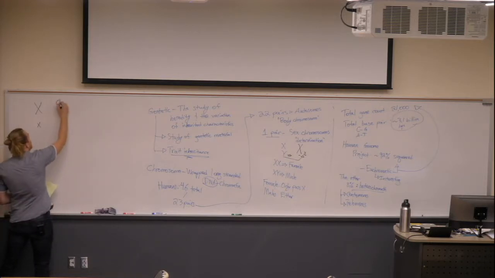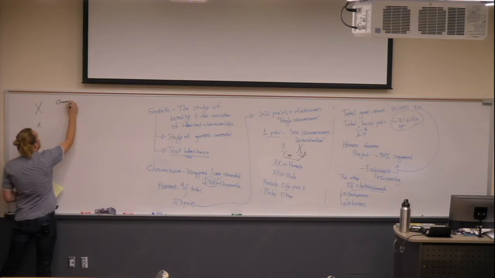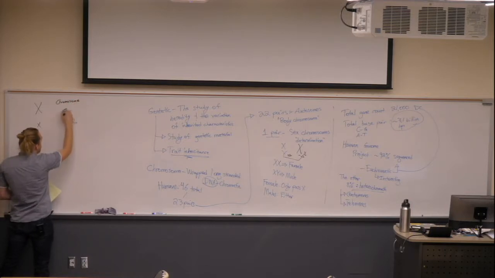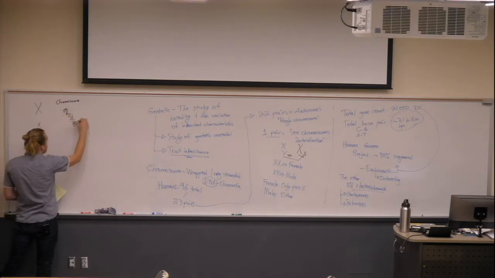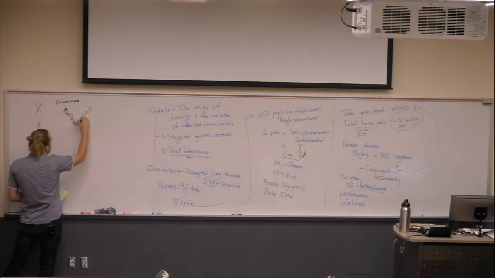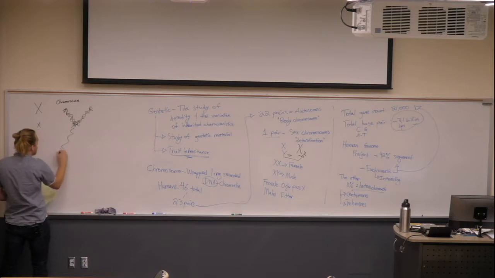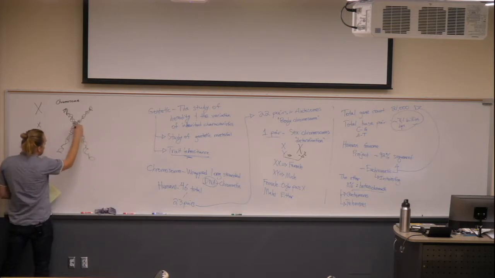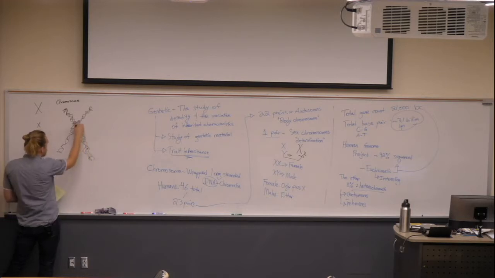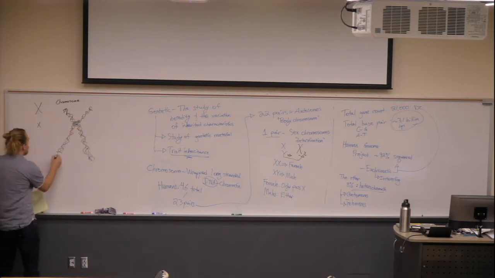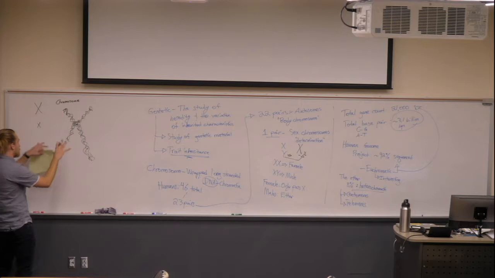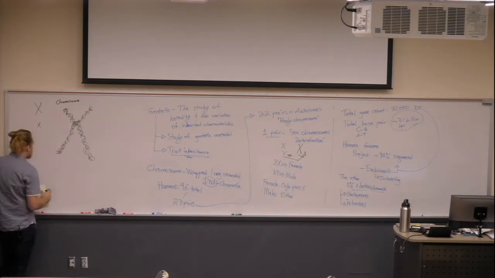So let's draw a chromosome. Part of it is just like this randomy X-looking material, or X shape. And that's because all of the chromosomes are wound in a semi-ordered, or an ordered manner.